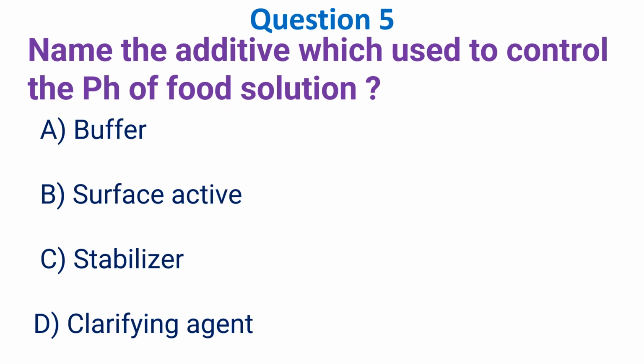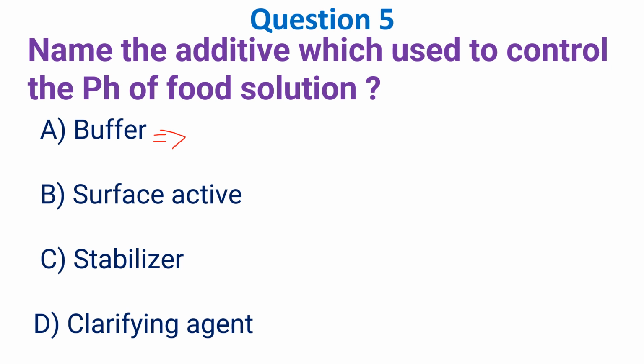Name the additive which is used to control the pH of a food solution. Options include buffer. What is a buffer? A buffer is a solution that can resist pH change upon the addition of acid or base, thus maintaining the pH of the solution relatively stable.